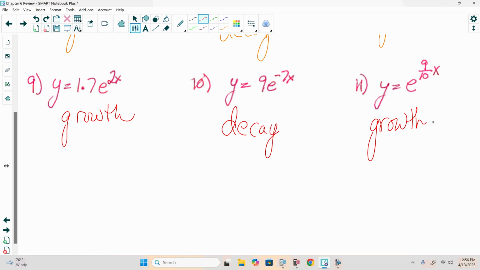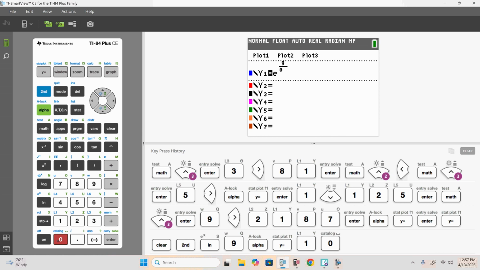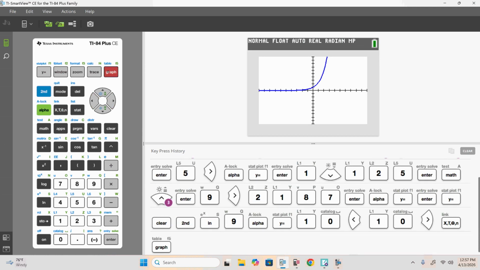So it's growth. It doesn't matter that it's 9/10. It is still growth, because as we go from left to right, it is increasing exponentially.